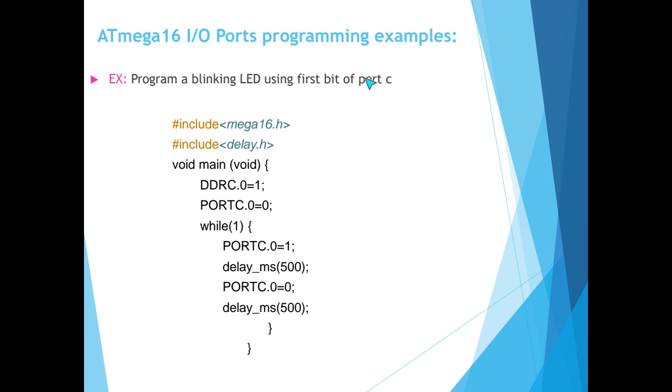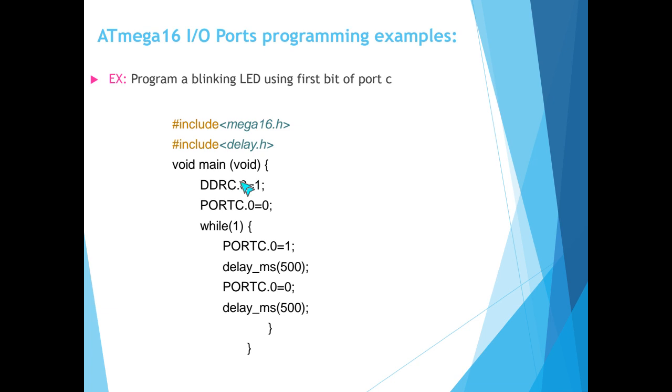For configuring a port bit or all of the bits as output or input, we use which register? Say please, which register? The DDR register. Okay, thank you, Amin. As you see here, I wrote DDRC, PORTC dot 0.